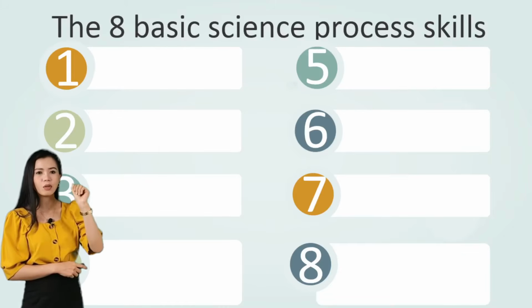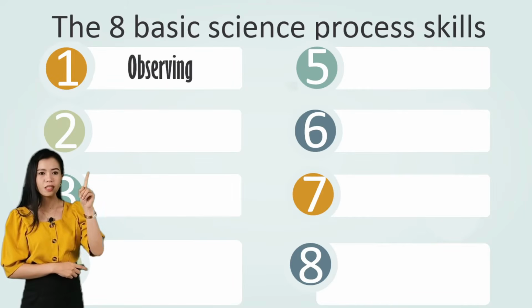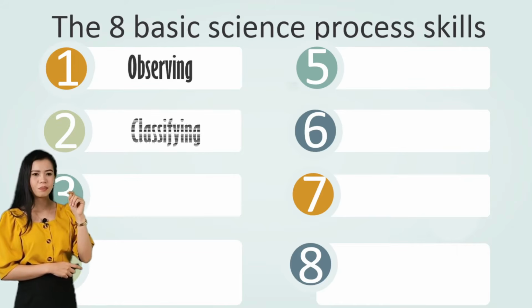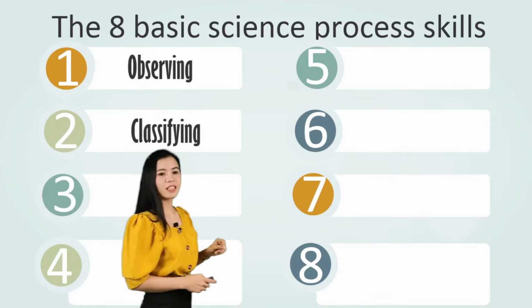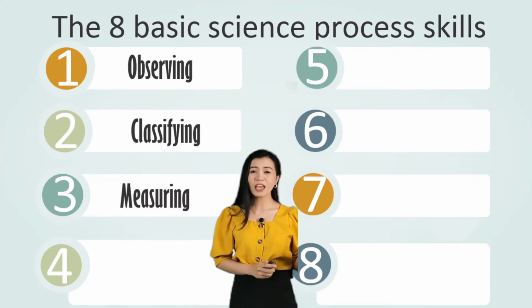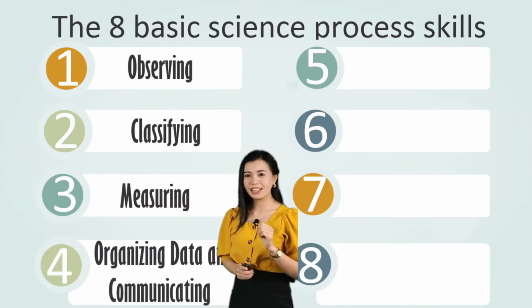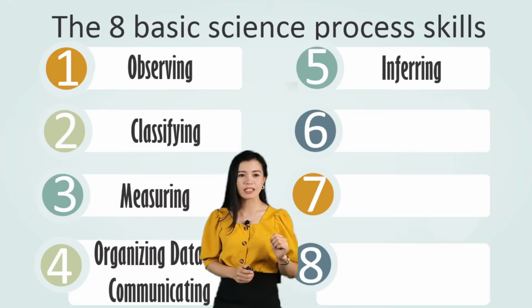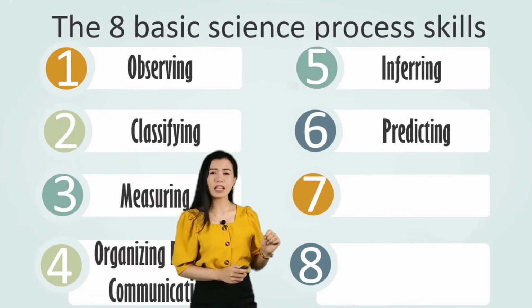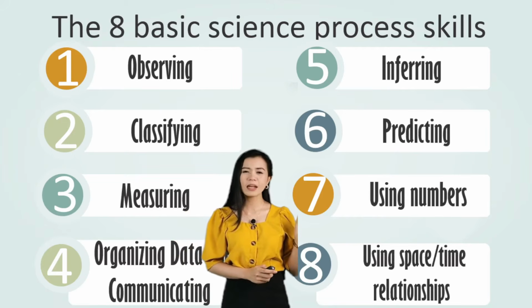The first group is called the 8 basic science process skills, which includes first, observing; second, classifying; third, measuring; fourth, organizing data and communicating; fifth, inferring; sixth, predicting; seventh, using numbers; and using space or time relationship.